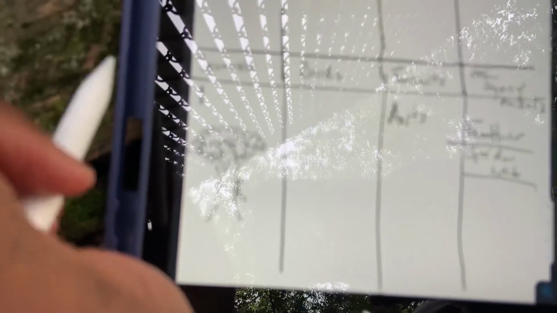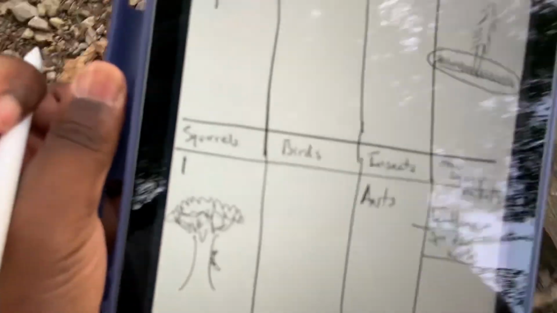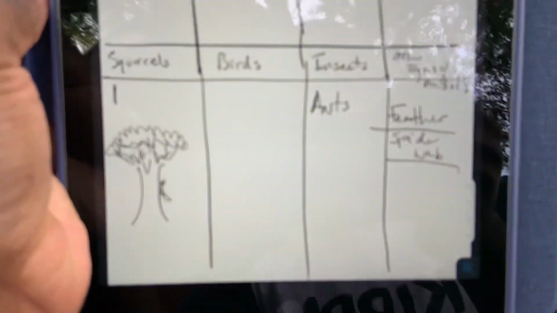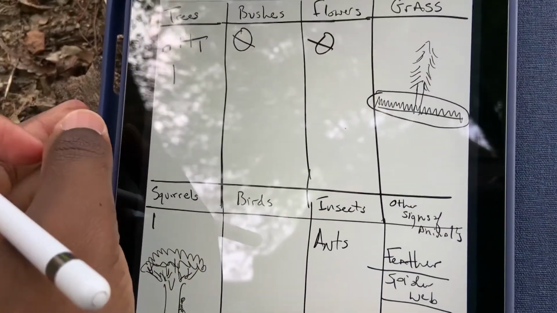We didn't see any bushes. We could also just note that. May be hard to see. Let me see if I can get a place where it may be a little easier to see. Got bushes, perfect. Let's add plants.